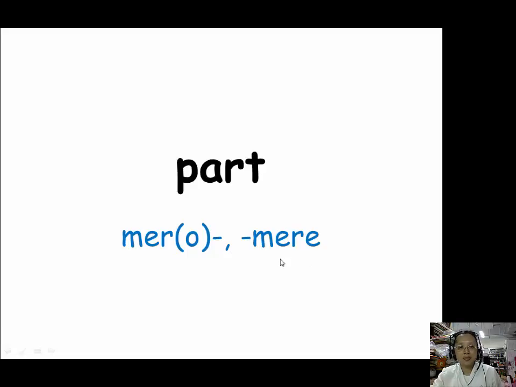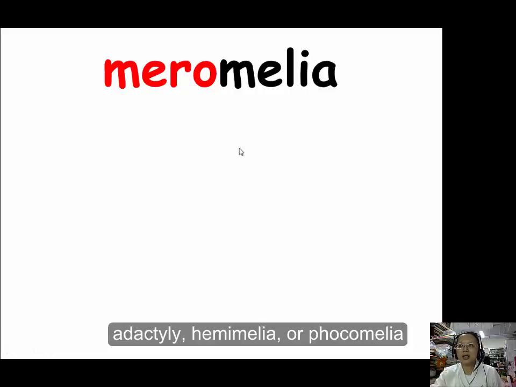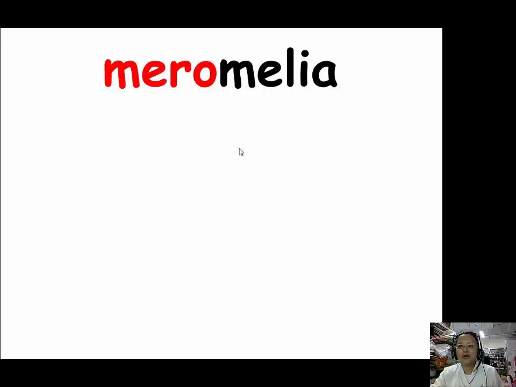Let's see our example. Our example for mero is meromelia. Meromelia is a congenital absence of any part of a limb, as in adactyly, hemimelia, or phocomelia.